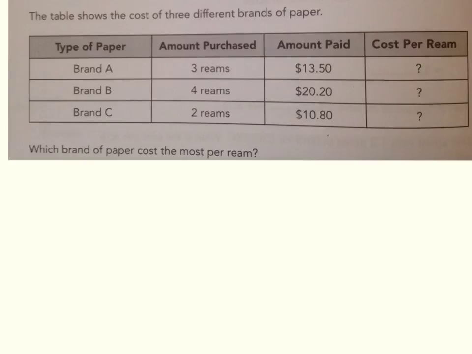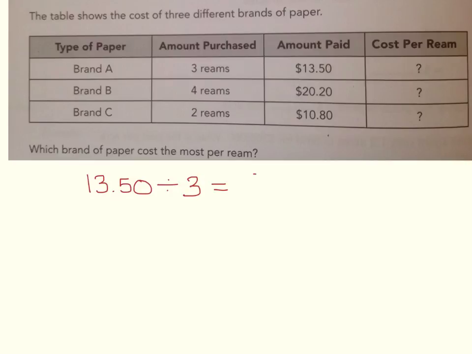So to find how much they paid per ream, you would take the total amount paid, which is $13.50, and you would divide it by the 3 reams to find out how much each one costs.